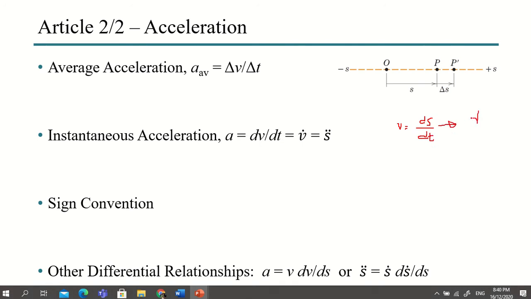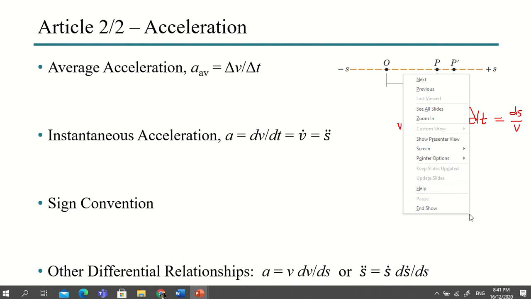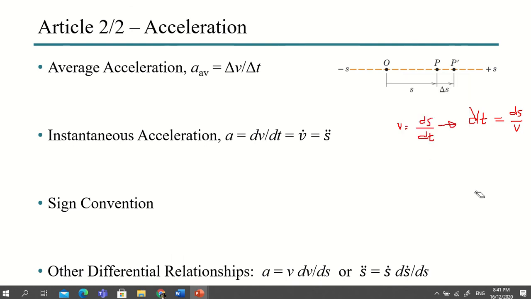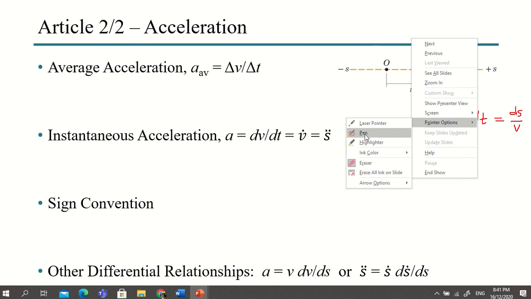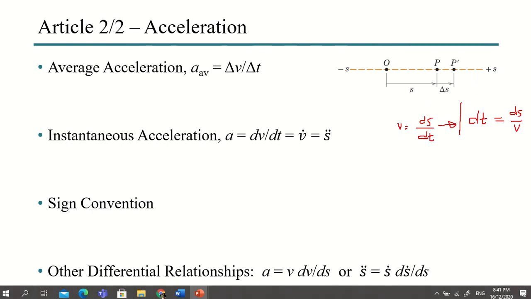So dt is equal to ds divided by v. We can call this equation 1.